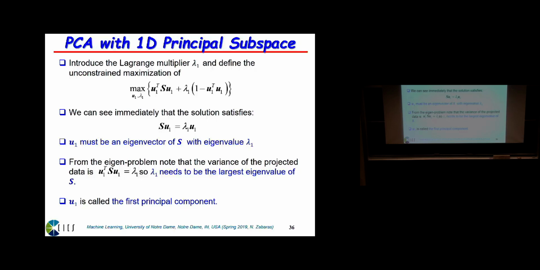So you will see now that the whole problem of PCA in the traditional way of looking at it is really solving an eigenvalue problem. And to be able to show this, we're going to need to show that the second principal component where we have to do the projection is actually the next eigenvector and eigenvalue of the sample covariance matrix S.